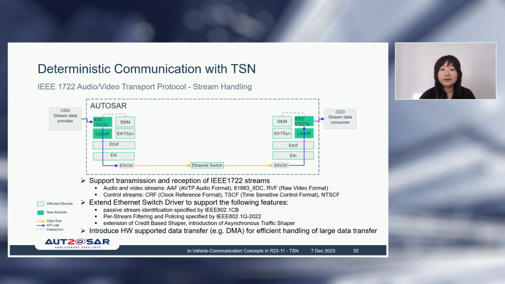In order to have high quality of service, the Ethernet switch driver got extended. As a precondition for filtering, policing, or shaping algorithms, stream identification is required. The Ethernet switch now supports passive stream identification, which performs things like deep packet inspection without changing the content of the packet itself to identify streams by stream ID.